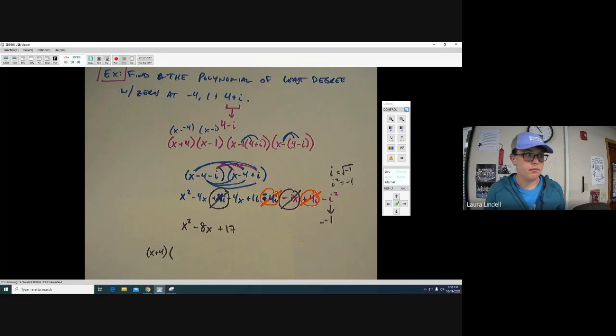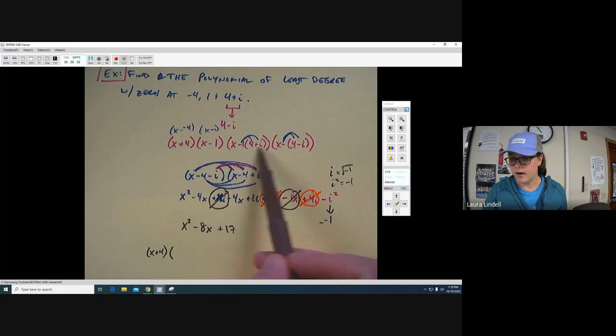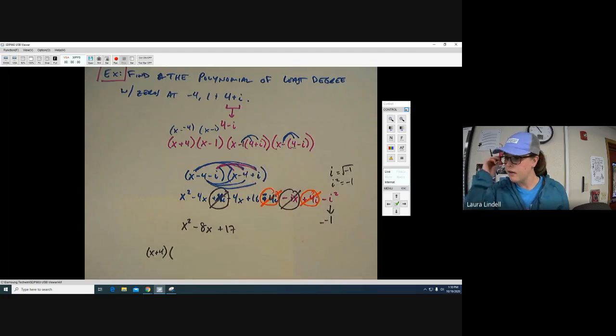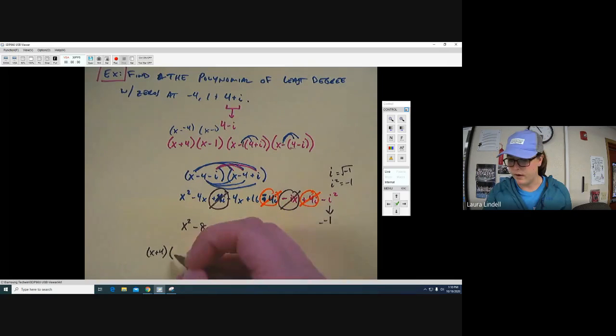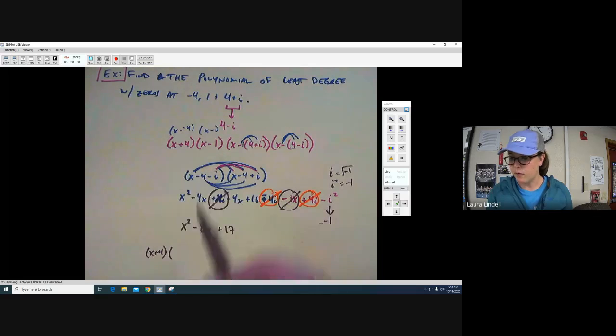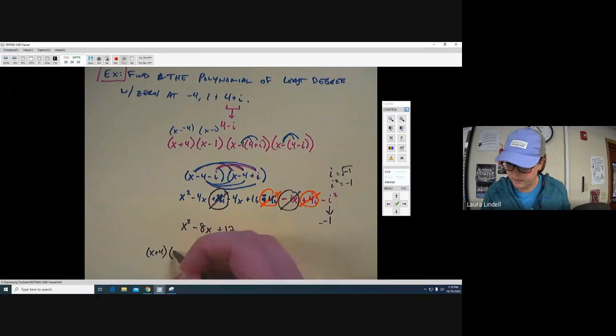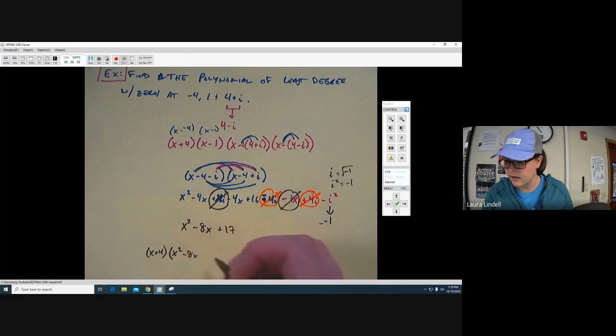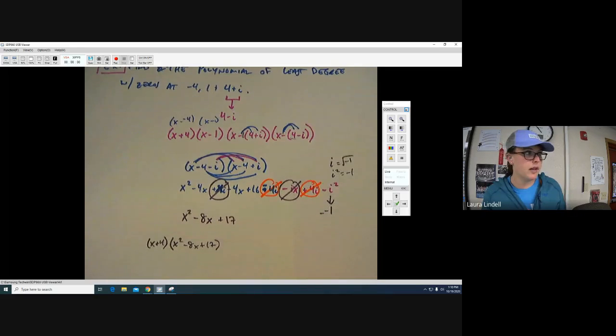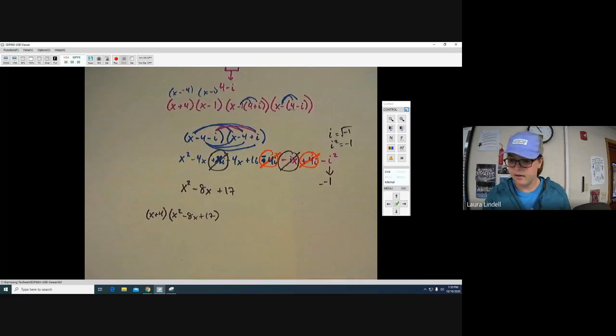So yeah, then we end up with a trinomial here instead of what we're used to multiplying. But anyway, then we take our x plus 4 and we multiply it into this. We're going to go x plus 4 times x squared minus 8x plus 17, which is more like what we're used to multiplying.